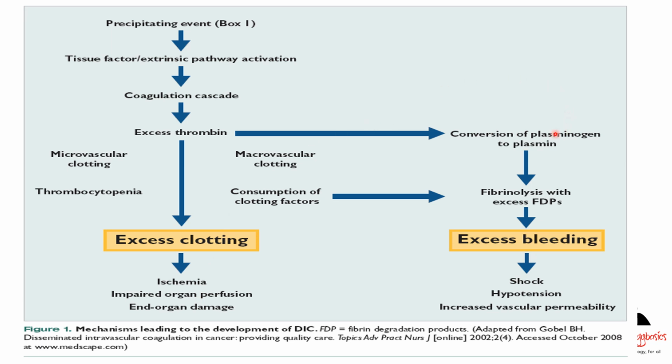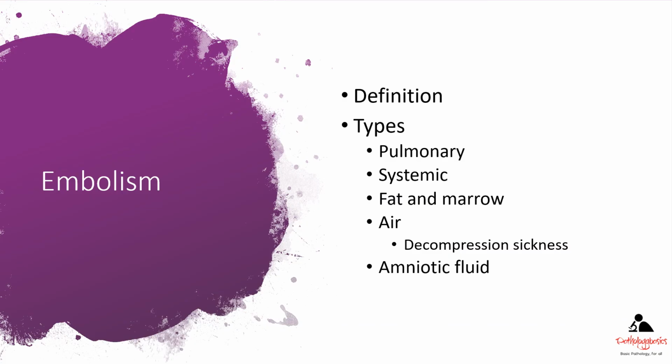At the end, there is activation of plasminogen to plasmin, excess fibrinolysis and all the platelets and the clotting factors are used up. It leads to excess bleeding, which causes shock or hypotension or impaired vascular permeability, impaired vascular perfusion. This is what happens in DIC.